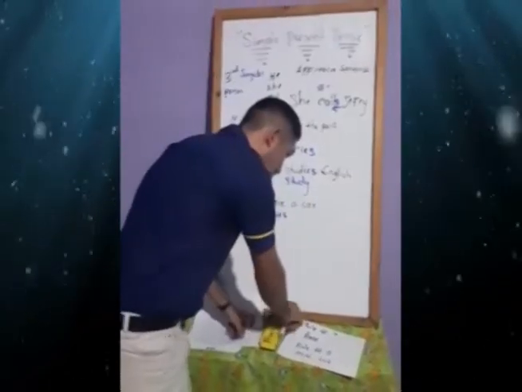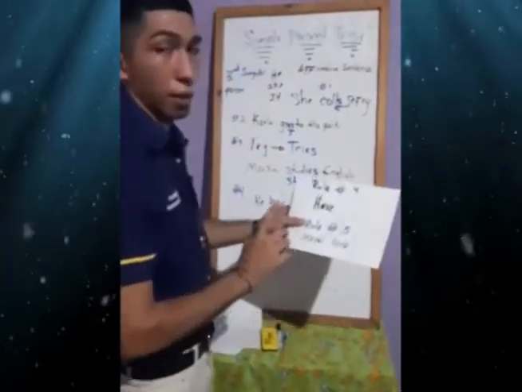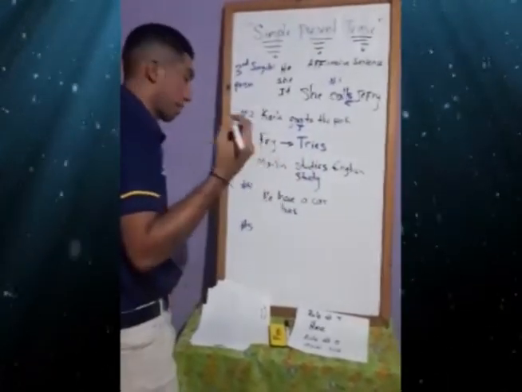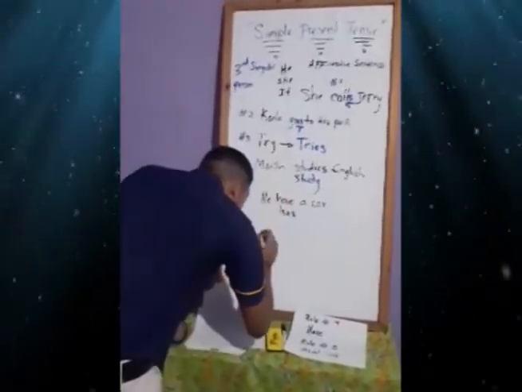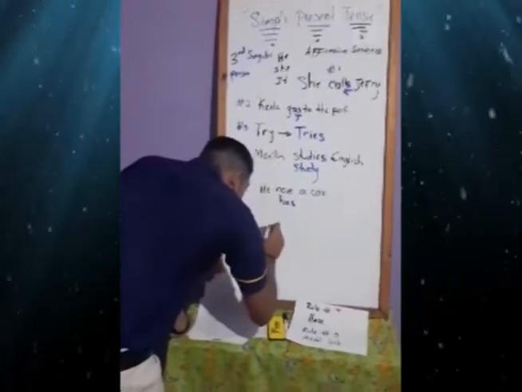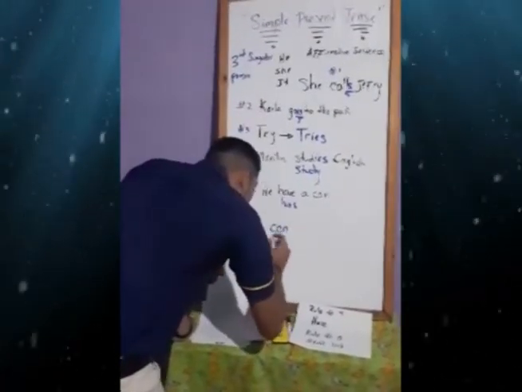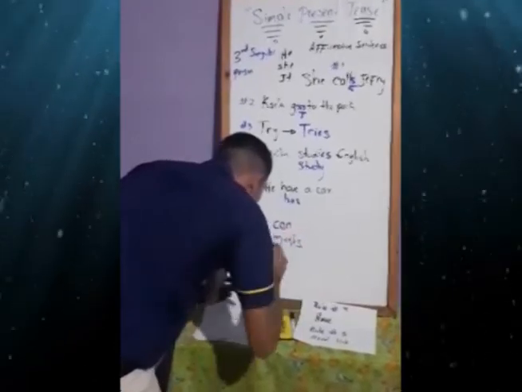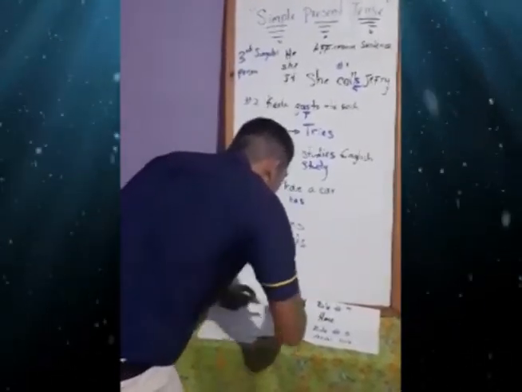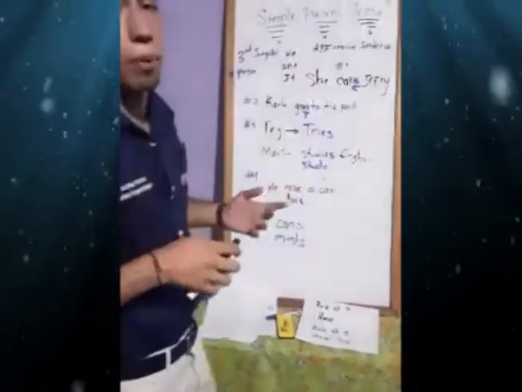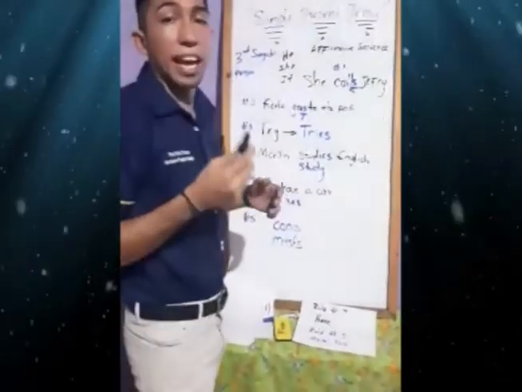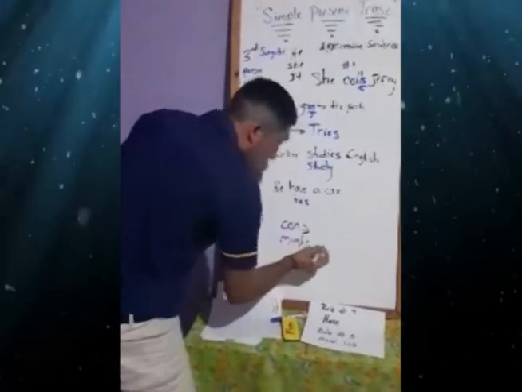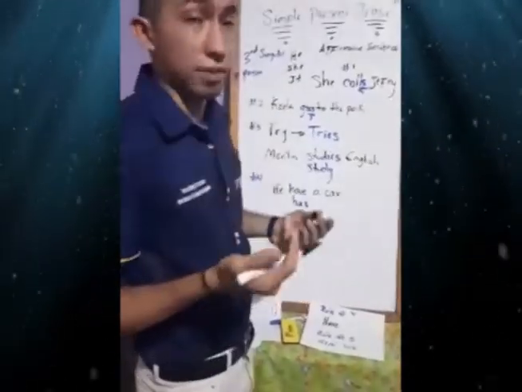And the last rule is the modal verb. When we use a modal verb, we don't add the letter s. For example, when we use a modal verb, we don't add the letter s, because we are making a mistake.